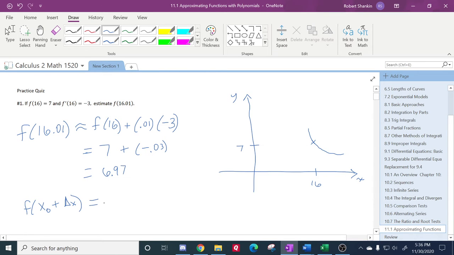What we're really doing there is we're saying that that's equal to f at x0 plus f prime of x0 times delta x.